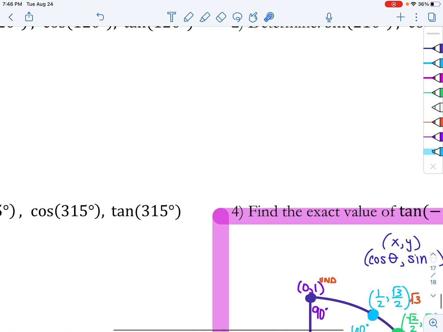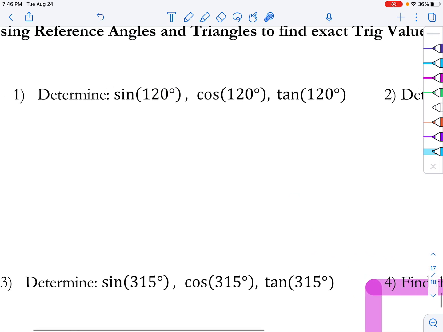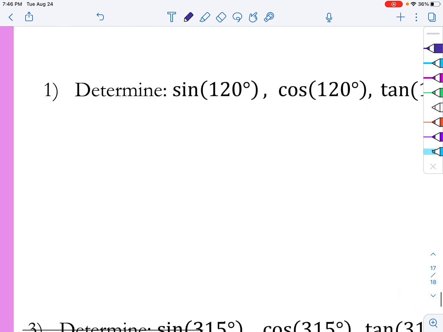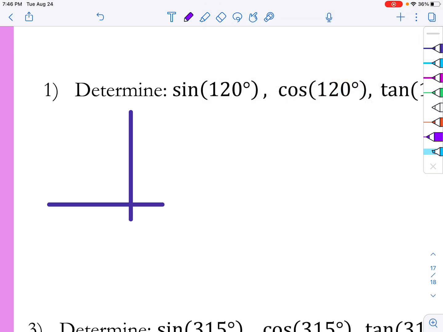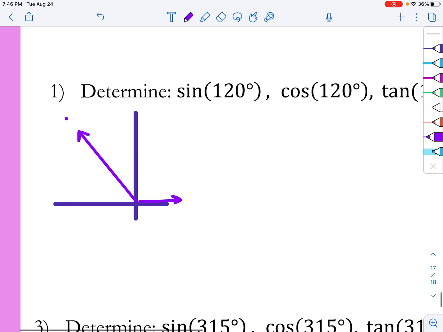Let me show you. Example 1 says find the sine, cosine, and tangent of 120. The angle they want us to focus on is 120 degrees. That's in the second quadrant, right? 120 degrees starts at the positive x-axis and goes into the second quadrant. We haven't memorized sine, cosine, and tangent for 120 at all.